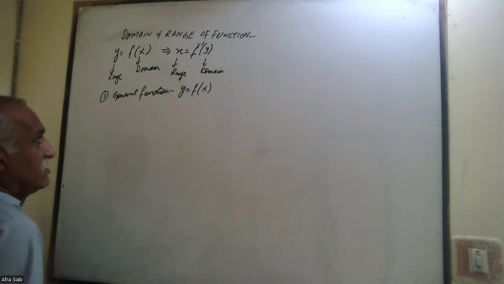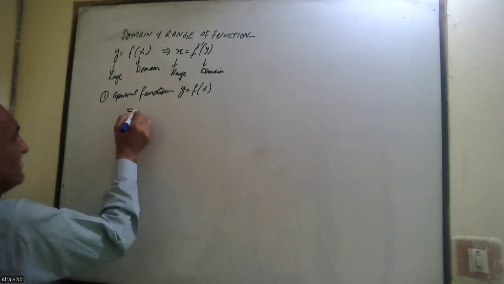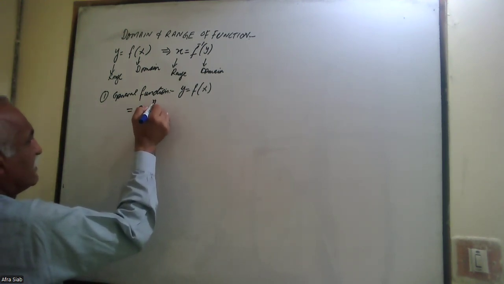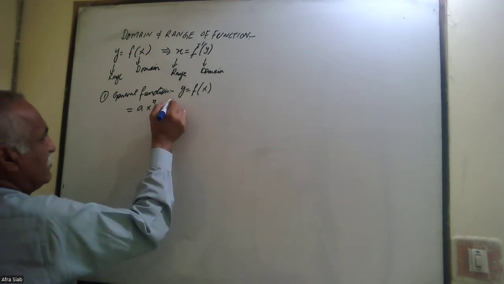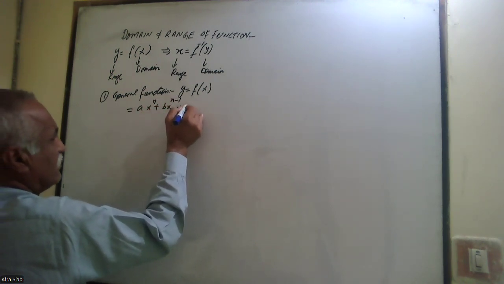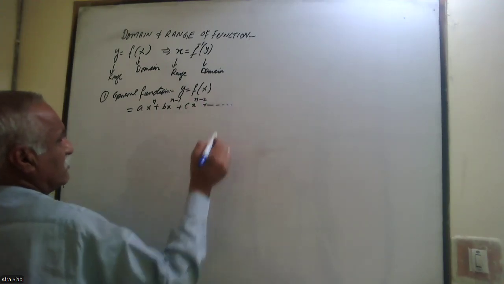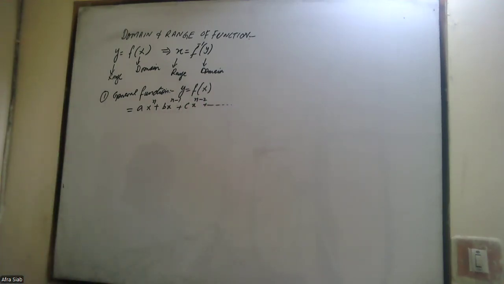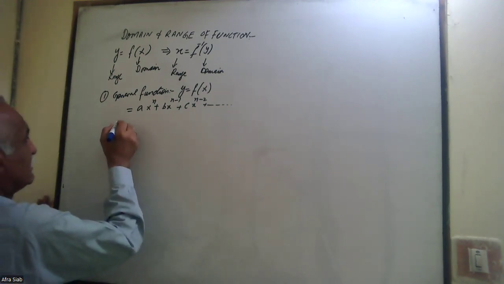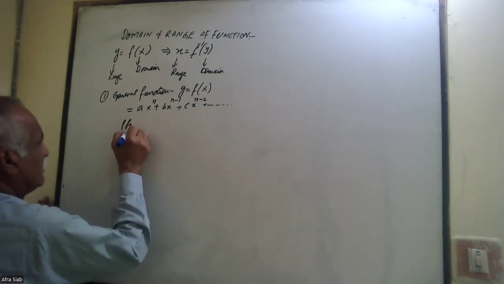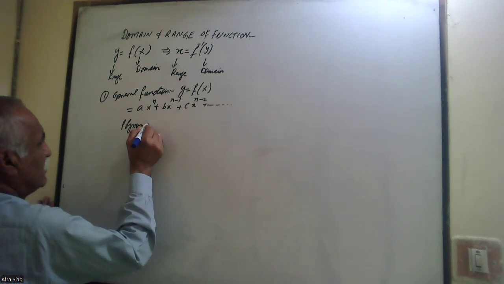And that is written in the form of ax^n + bx^(n-1) + cx^(n-2) and so on. So this is the general polynomial. We can write it as the function known as a polynomial.